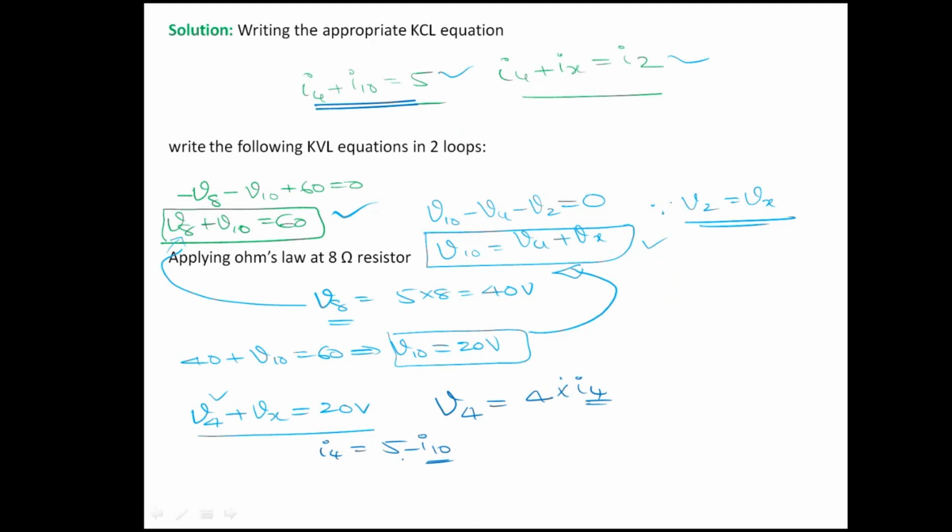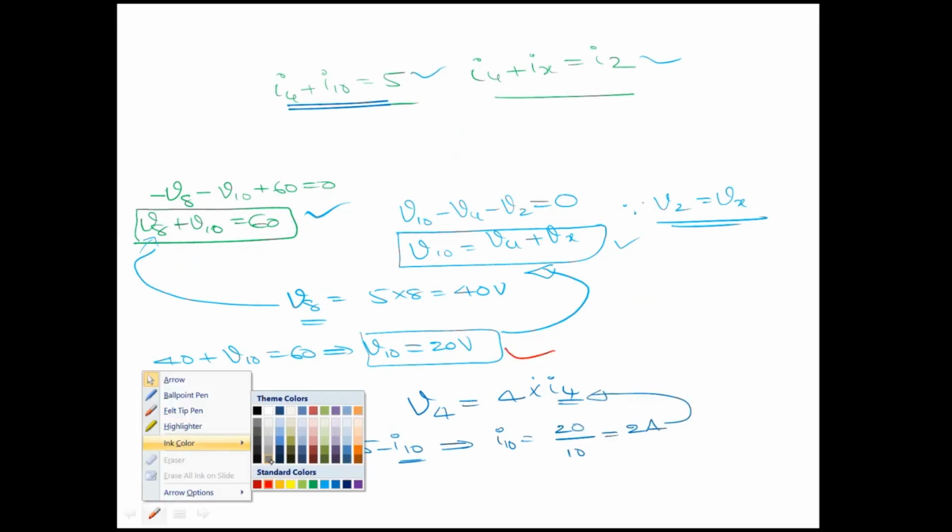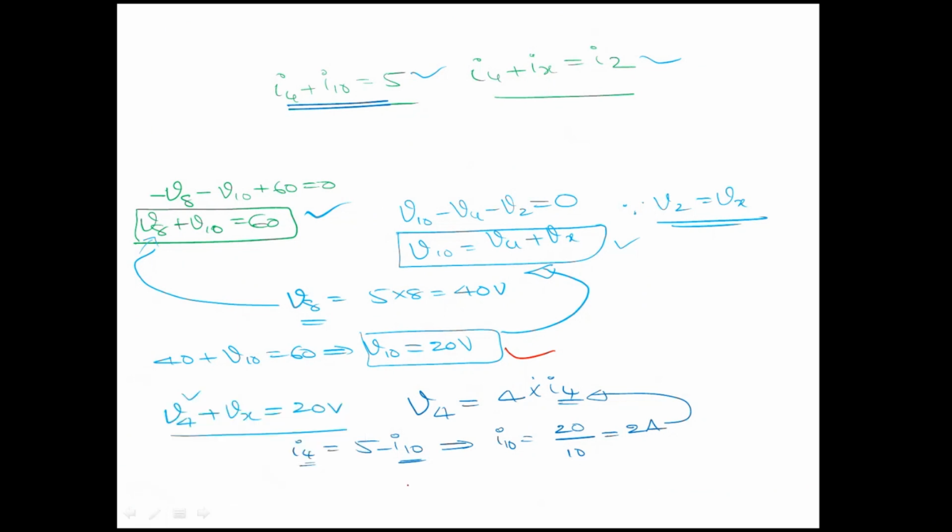If we know I10, the current in the 10 ohm resistor, then we can find I4. Since we know the voltage across the 10 ohm resistor, I10 is 2 amperes, so I4 is 5 minus 2, which is 3 amperes.